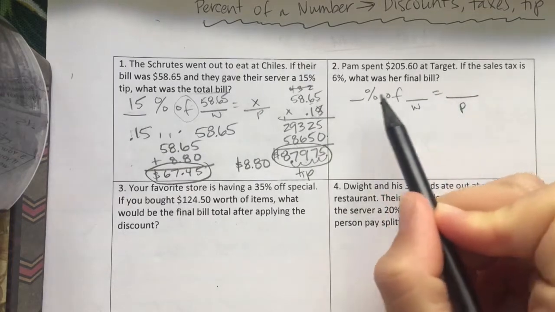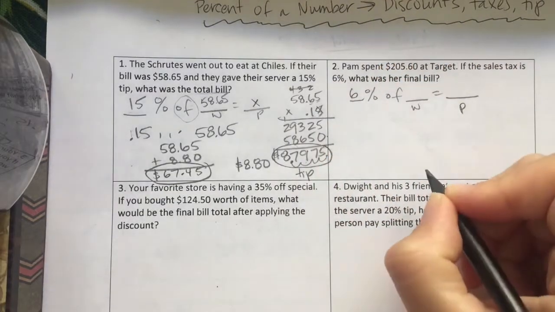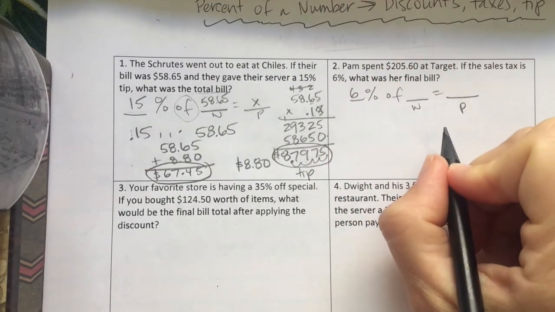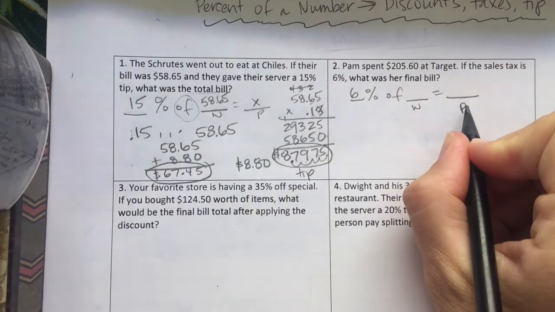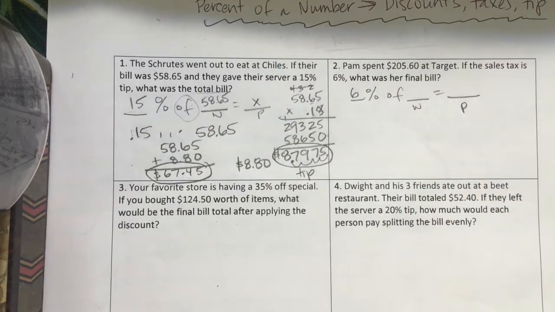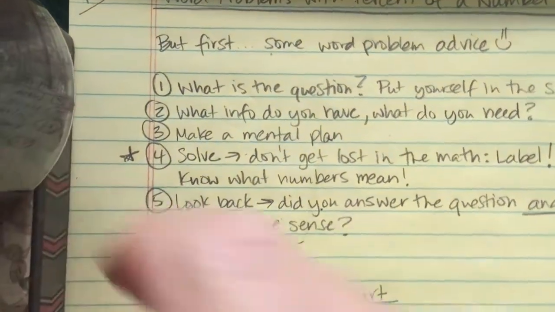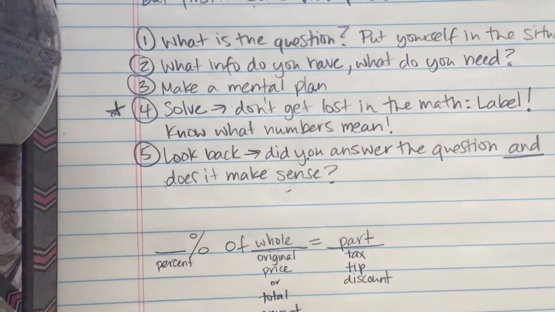So which numbers would go here? Well, we know what goes here, the percent, right? So that's an easy fix. Now, are we trying to figure out the whole or the part? Well, we need to calculate what the tax is, right? And remember, the tax is always considered to be a part.